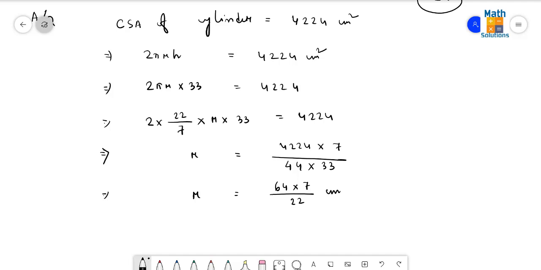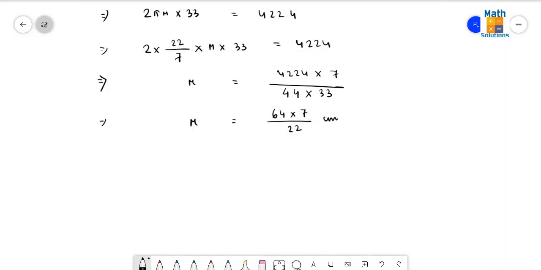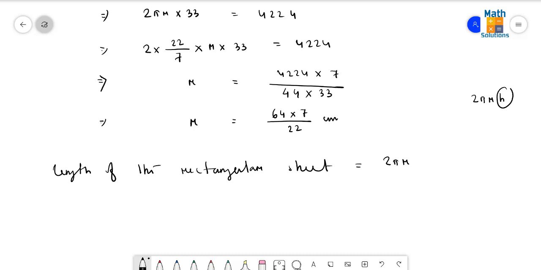So the length of the rectangular sheet will be nothing but 2 pi r, means in the formula 2 pi rh, if this acts as the breadth, of course this will act as the length, yes or no, for the rectangular sheet.